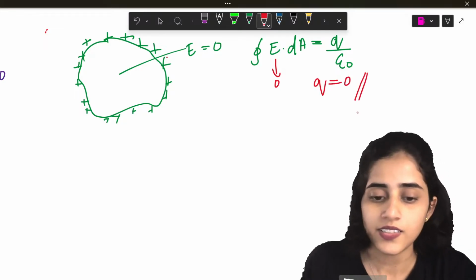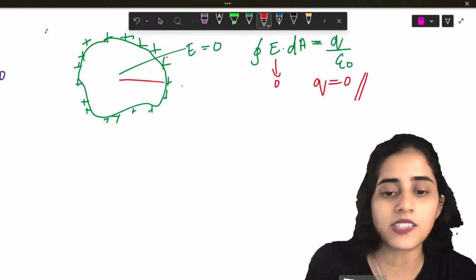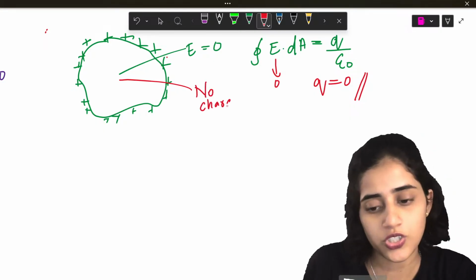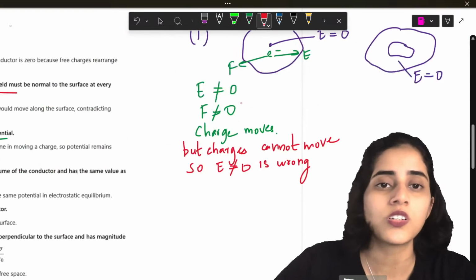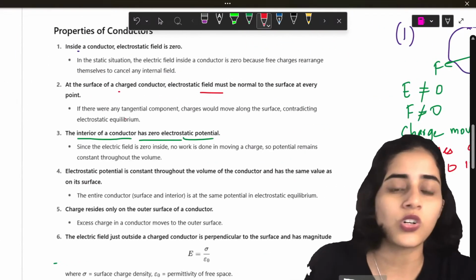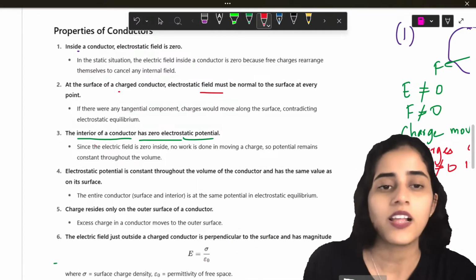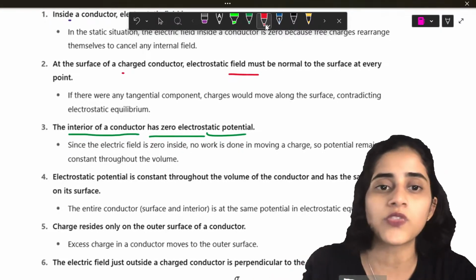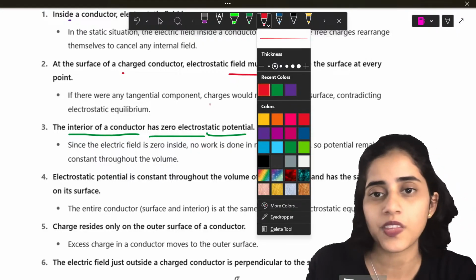So if Q is equal to 0, that means inside there is no charge. If there is no charge, there is no electrostatic potential. So this law can also be said as: the interior of a conductor has no excess charge.